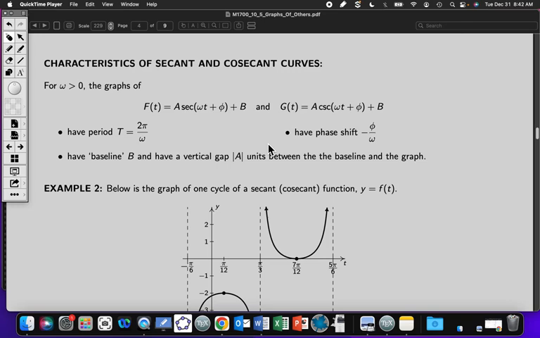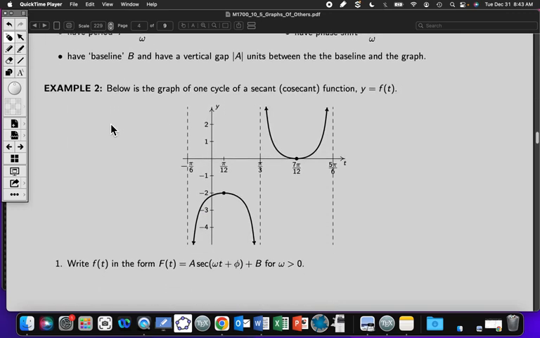So they'll have period 2 pi over omega, phase shift minus phi over omega, baseline b, and the a, you take the absolute value of a, that's how far the gap will be between the baseline and the local max and local min there on the graph.